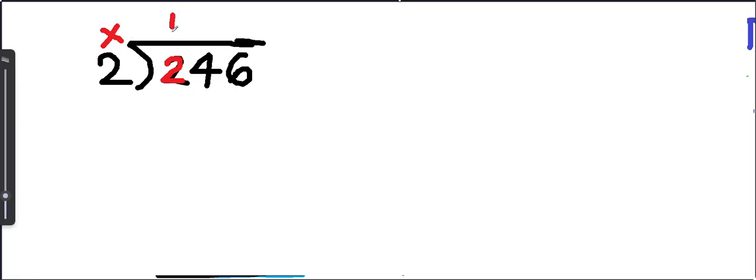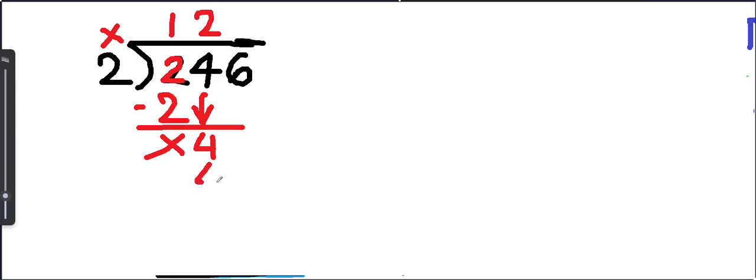2 times 1 gives me a 2. Subtraction, no remainder. Here I have a cross sign. Next, I bring down this 4. Is this 4 greater than that black 2? Oh yes, of course it's bigger. So we can proceed with the sum. 2 times 2 gives me a 4. That is yet again a 0. I shall put a cross.